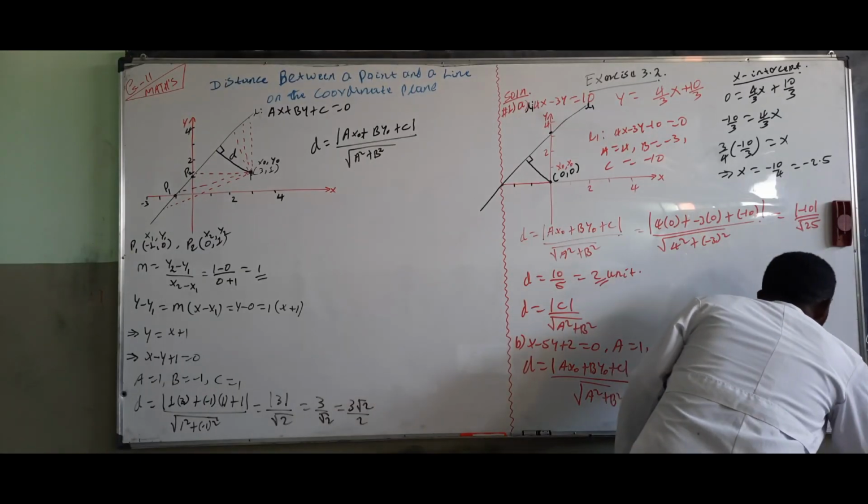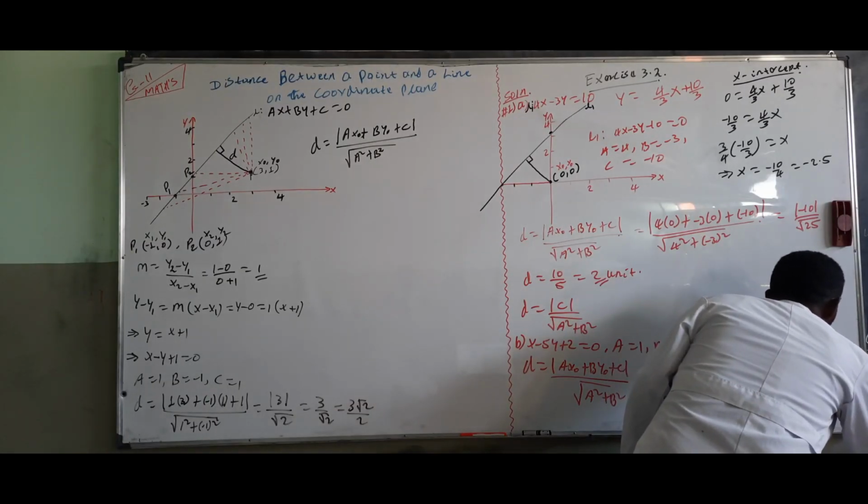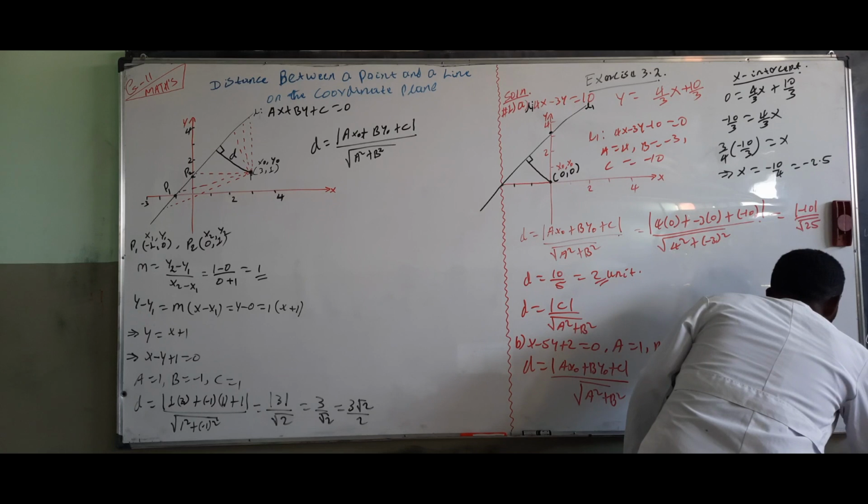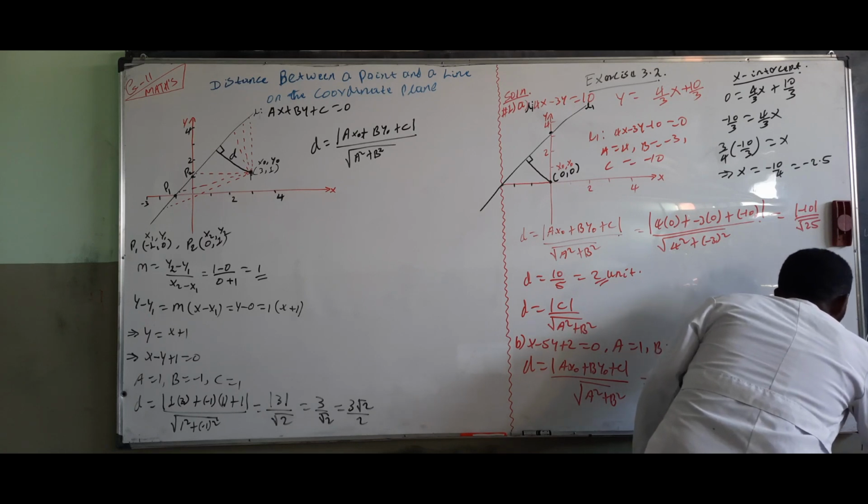This becomes 2 square root of 26 over 26, which is equal to square root of 26 over 13.